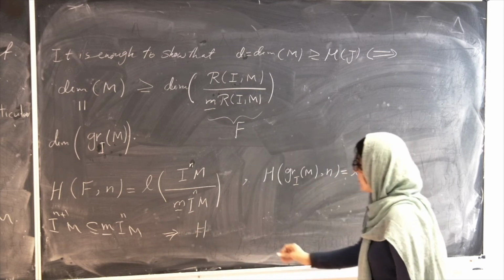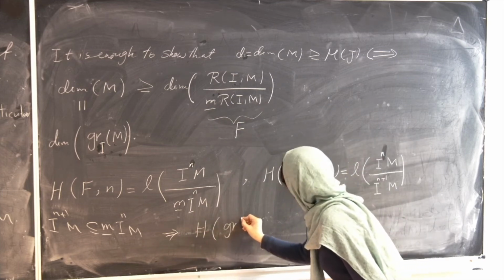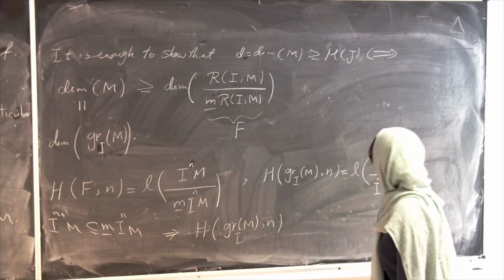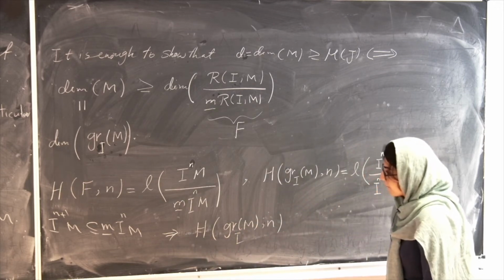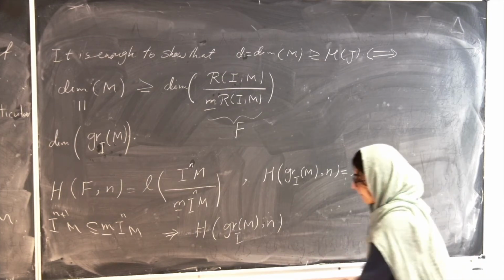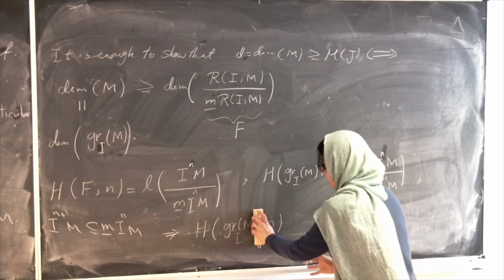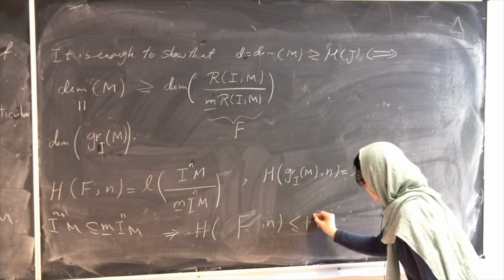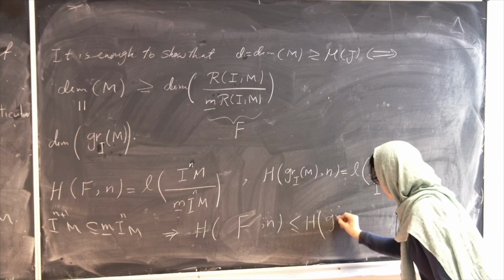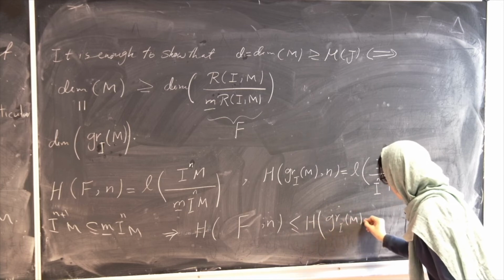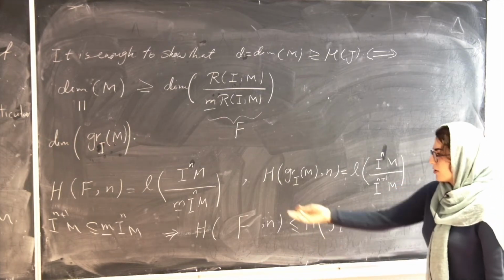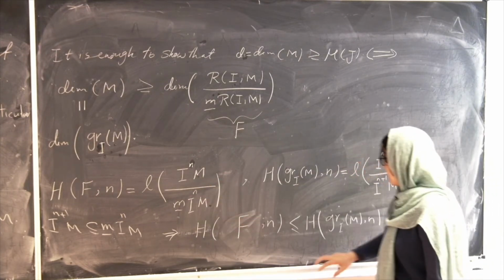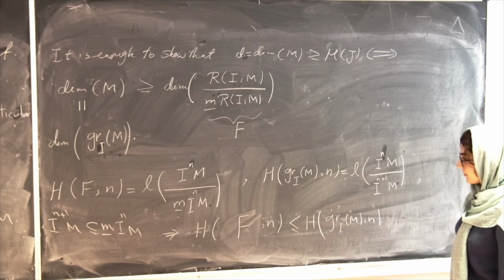This means that the Hilbert function of the associated graded module is less than or equal to the Hilbert function of F at n. Because of this inclusion, this length is less than or equal to this length.